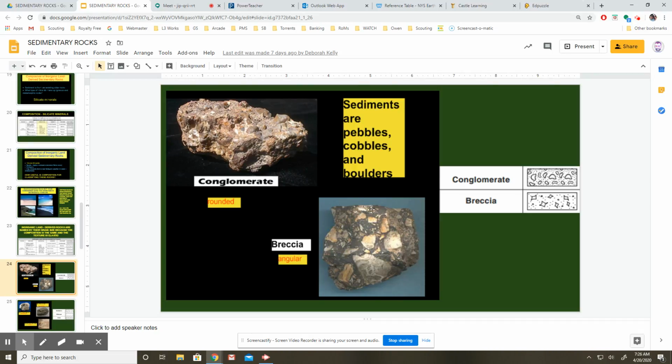The big difference between these two rocks is that conglomerate has rounded particles that are probably pulled downstream, and we have breccia, which is angled particles, which were probably transported by a glacier. They're the same particle sizes, the same fact they're glued together, probably looks like the same glue in between. Dark red's probably hematite. The big difference is the angled versus round. That's the only difference between them, and that's why they have two different names.